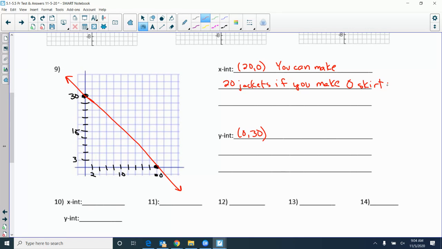And now just flip that around. How many skirts can you make if you make 0 jackets? You can make 30. So you can make 30 skirts if you make 0 jackets. So think about that.